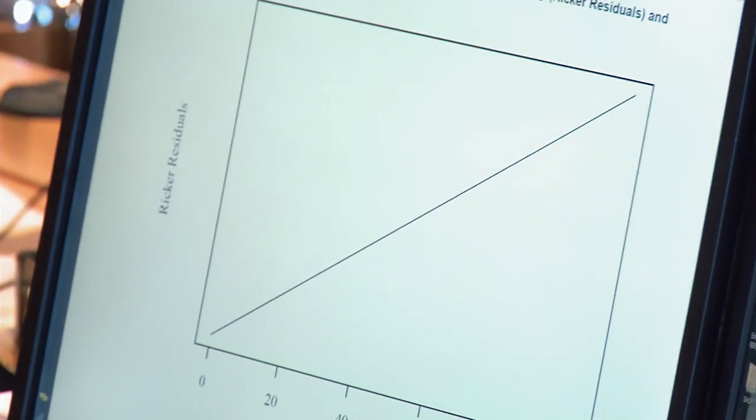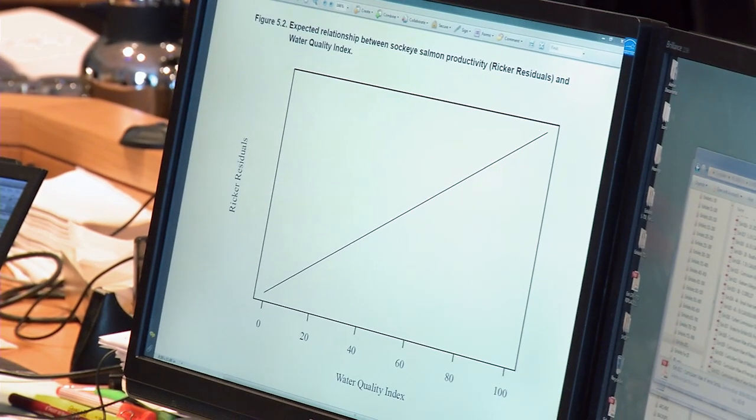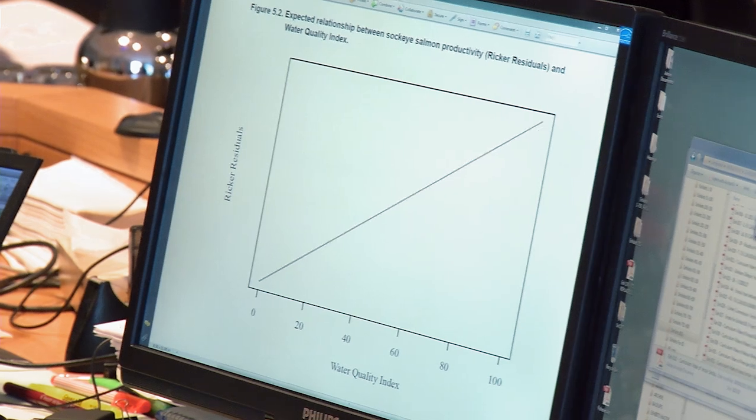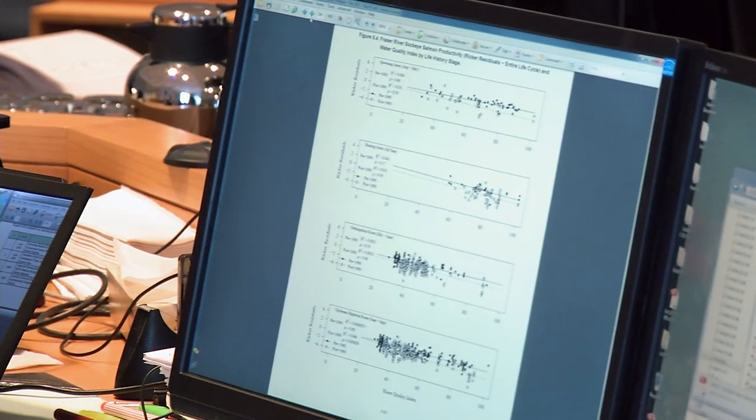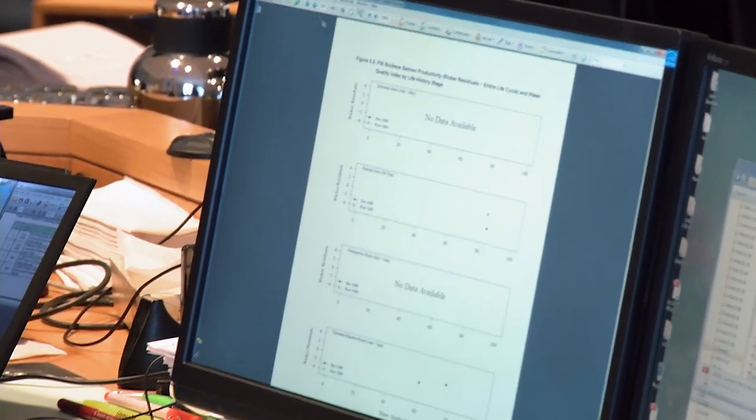Okay. And then you did that analysis looking at different stocks in the system, is that right? Yes, that's correct. The pages that follow 5.2, figures 5.3 and following, set this out. I think 5.3 is for the Fraser Basin as a whole, and then 5.5 goes through individual stocks. Okay, so each figure shows a different life stage, is that right? Yes.